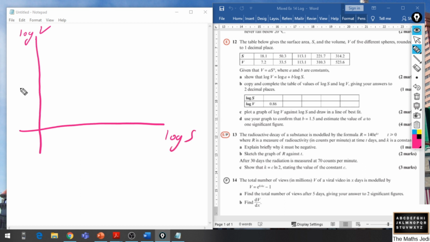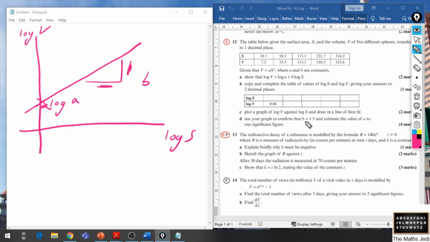We're expecting a straight line, and that straight line would be crossing here at log a. So that's where the straight line would cross, and the gradient of my straight line, if I did up divided by across, would be in this case b, whatever b is, because I've got a log s axis here.